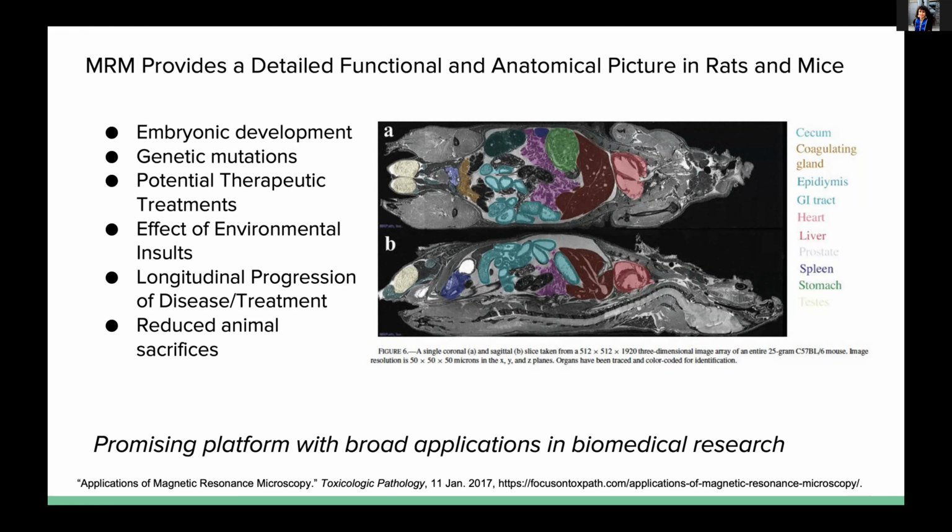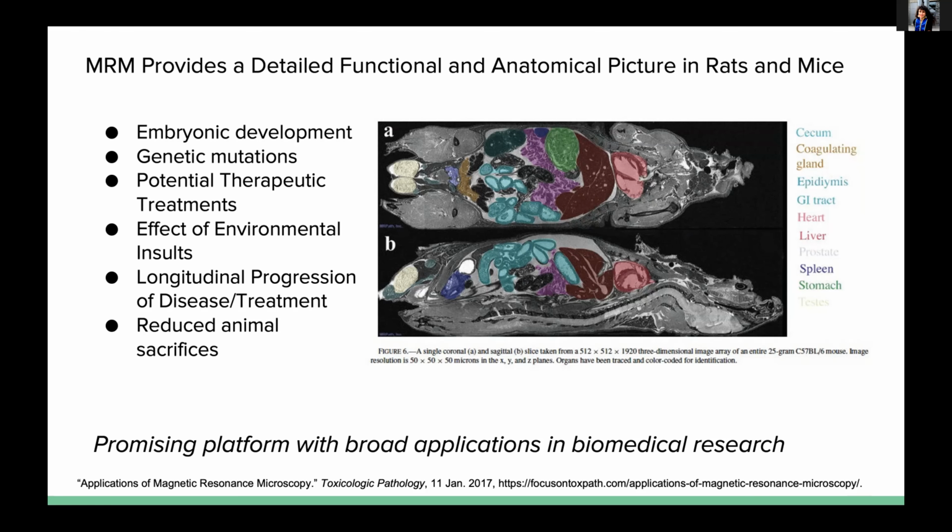In addition, the capacity to perform repeated non-invasive imaging in the same animal enables us to study the longitudinal progression of a disease or treatment. This also means that there's a reduced need for animal sacrifices, and overall, MRM is a promising platform with broad applications in biomedical research.